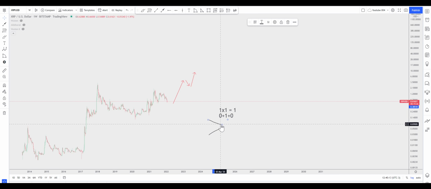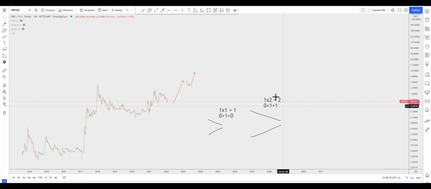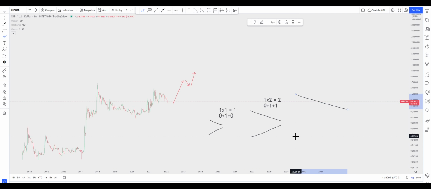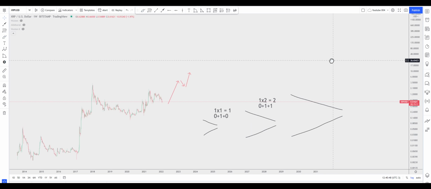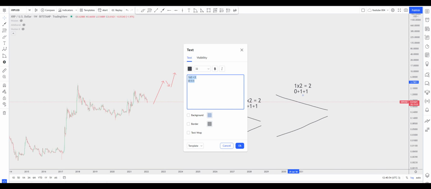So, small structure, 1x1 stands for 1 as a strength. A bigger triangle stands for 1x2, that equals 2, that we have another 1. So that's a 2. Then we have a bigger one. And now let's jump into other numbers following a linear scale, okay?